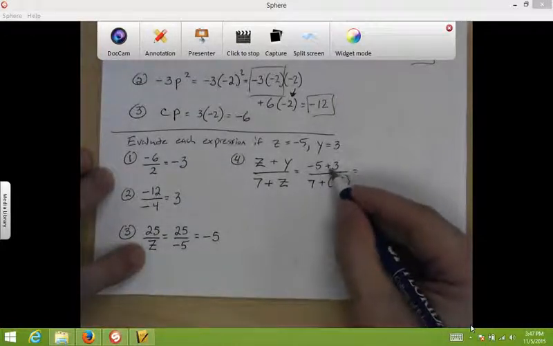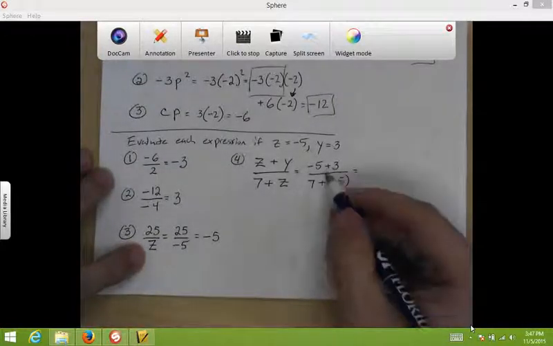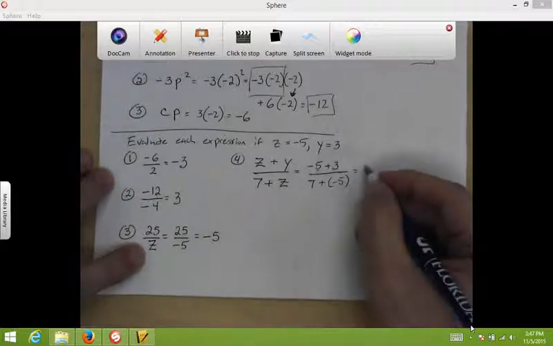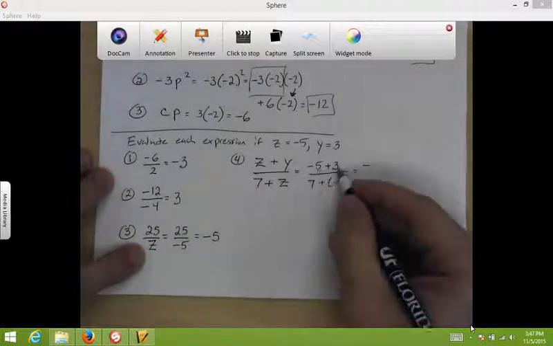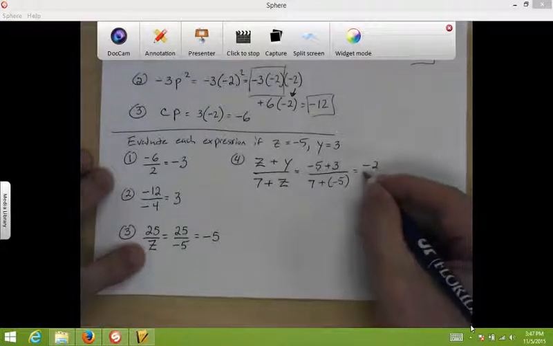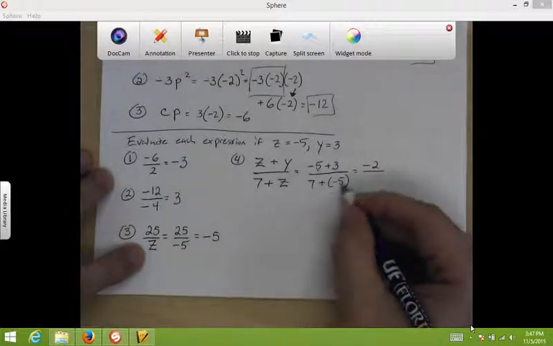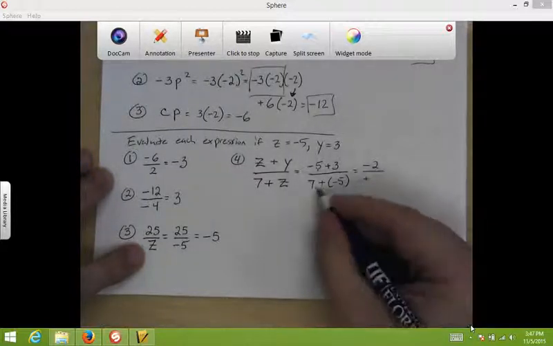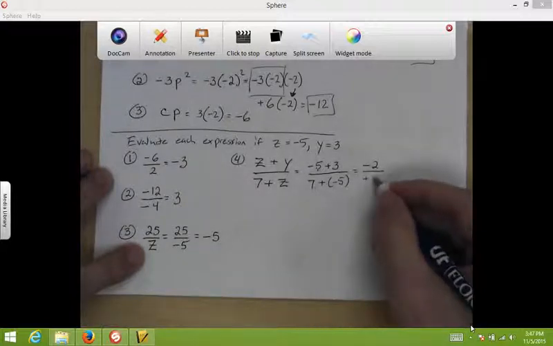Well, negative 5 plus 3, these are different signs. So, I have more negatives than I do positives here, so I know on top I'm going to have a negative, and 5 minus 3 is 2. On bottom, I've got more positives than I do negatives, 7 positives, 5 negatives, so my answer is going to be positive, and the difference between 7 and 5 is 2.